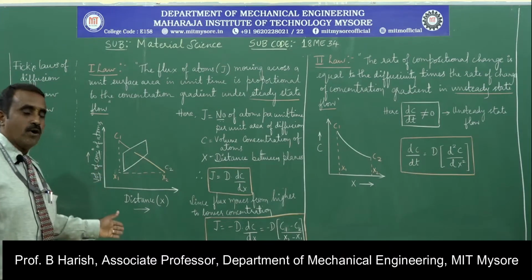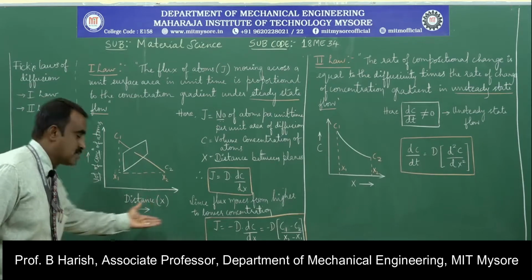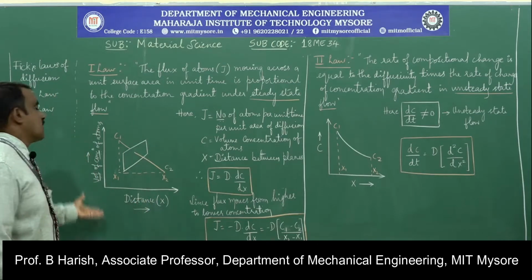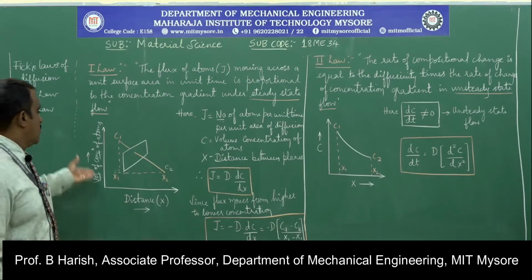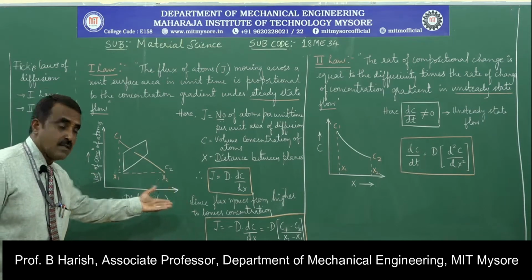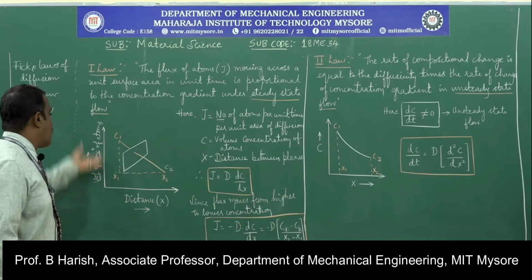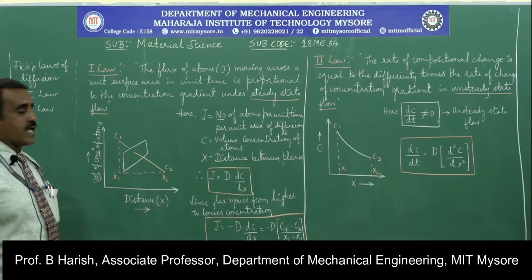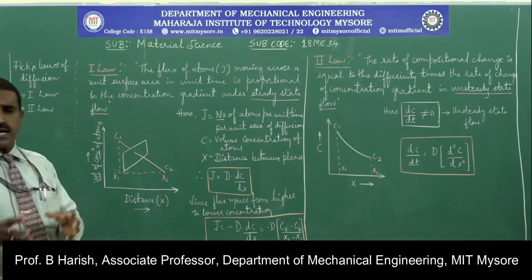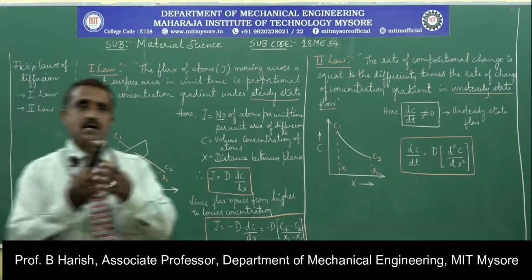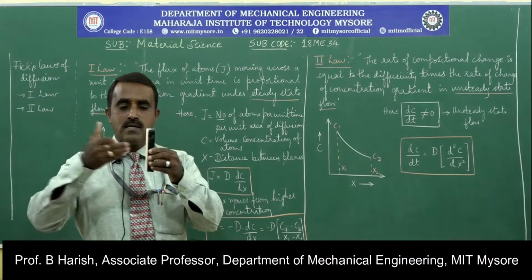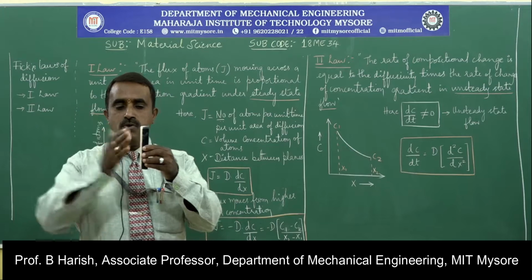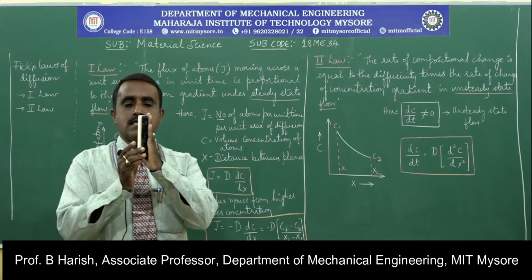A graph can be plotted taking the distance along the x-axis and the concentration on the y-axis. If we take a metal as the material through which atoms are getting diffused, this is one surface and this is the other surface.